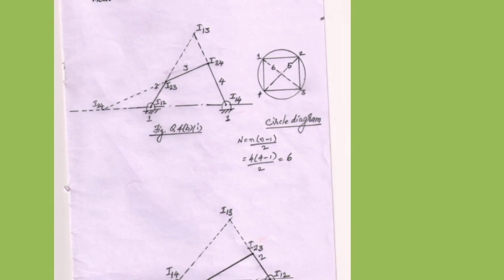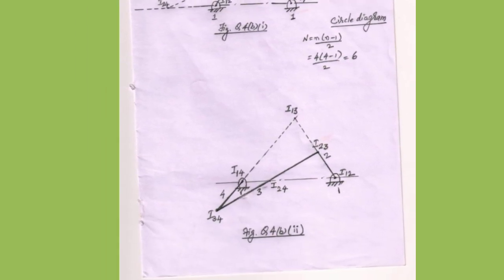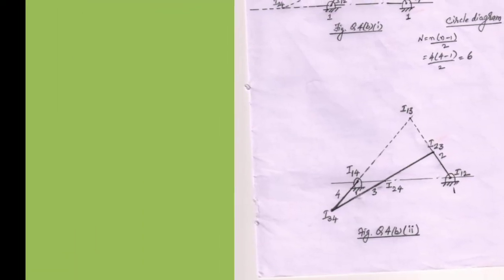I12 and I14 should be joined and extended if required. They are already joined, crossing at that point called I24. So I24 is readily available without any extension of the lines, because that link is crossing the horizontal fixed link. Is it okay? Now let us go to the next slide.